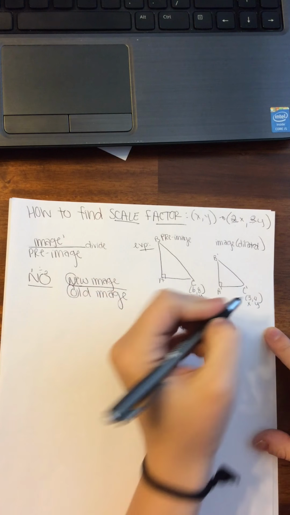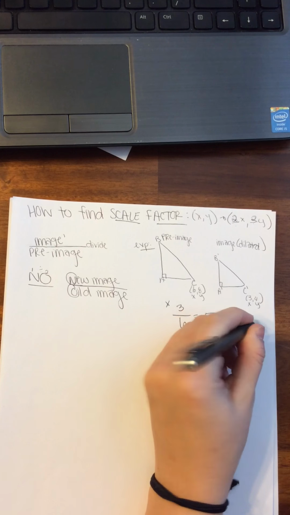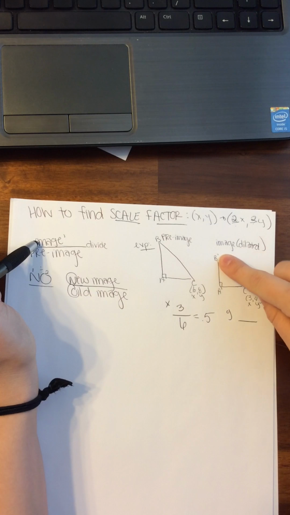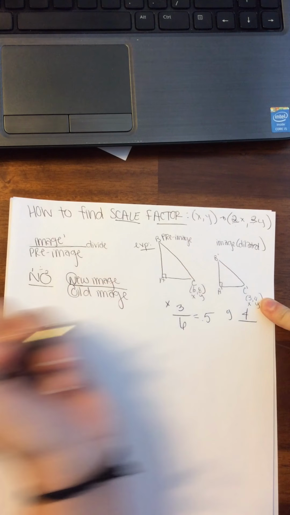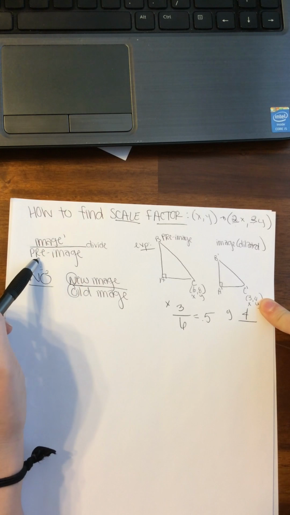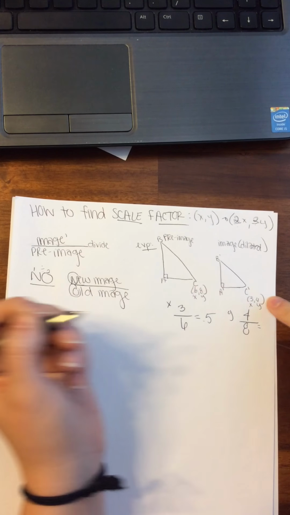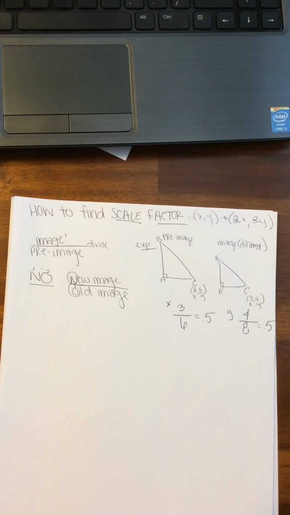So let's look at our Y. It's our new image prime. So my image prime are these. I'm going to do my Y. So my Y is 4 divided by my old image, my pre-image, and that is going to be 8. So 4 divided by 8 is also 0.5, or 1/2.